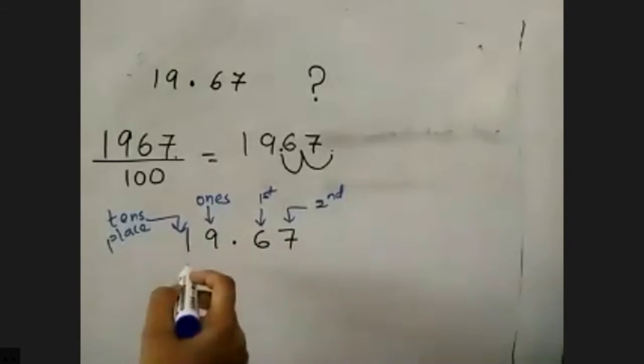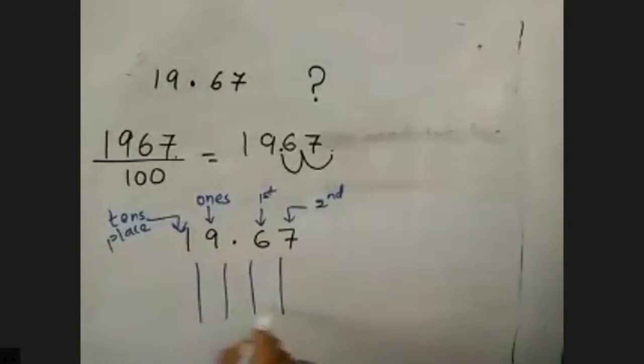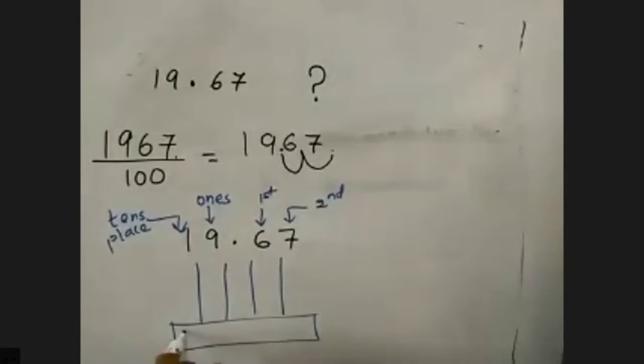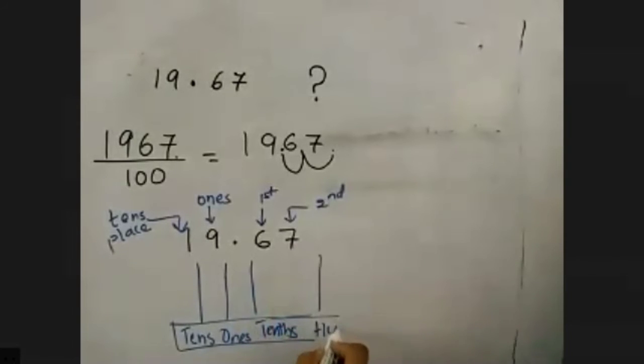So if you want to show this on an abacus, I have to draw 4 strands and I should name them: here tens, here ones, here the tenths, T-E-N-T-H-S, and for the last strand I can write hundredths, H-U-N-D-R-E-D-T-H-S.